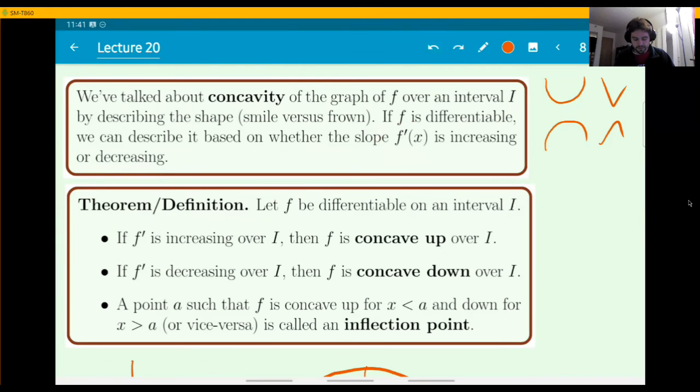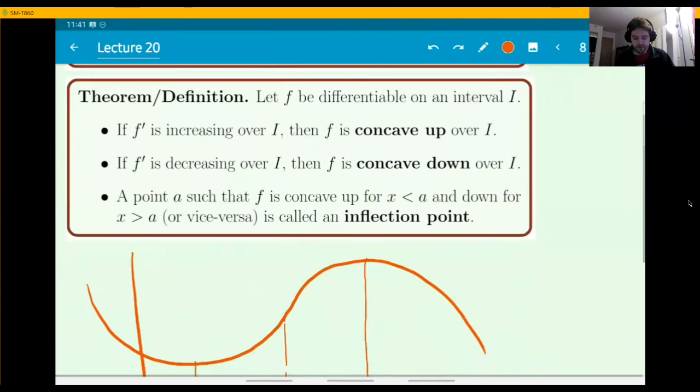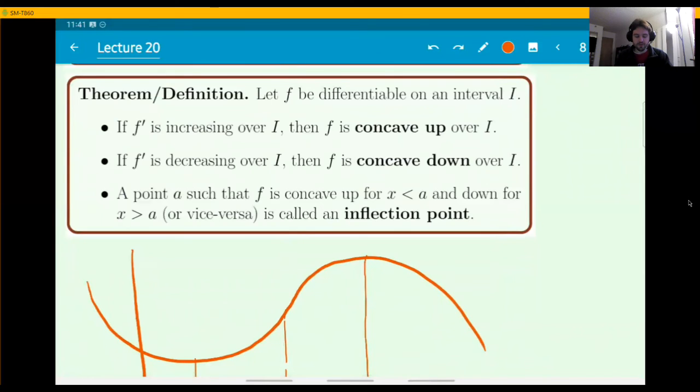Here's how it goes. Let f be a differentiable function on a certain interval. If the derivative is increasing, so now we're not looking at whether the derivative is positive or negative, but rather increasing or decreasing, the function must be concave up.